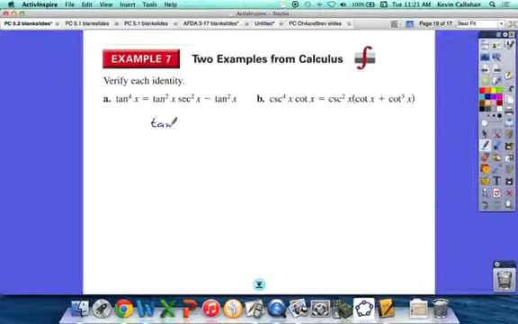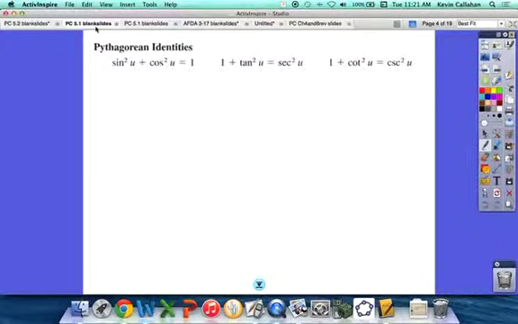So you've got tan squared x, and what's left in the parentheses? Secant squared minus 1. Okay, but don't we have a substitution for secant squared minus 1? Secant squared minus 1 would be tan squared.